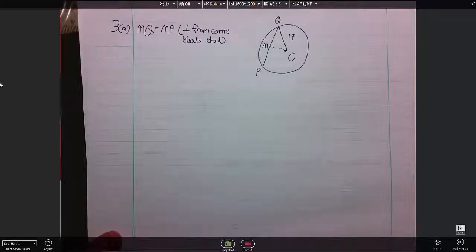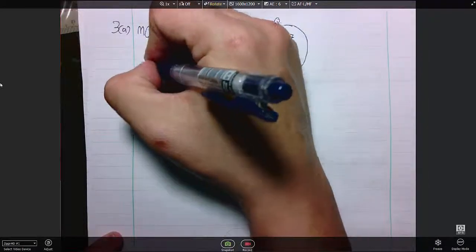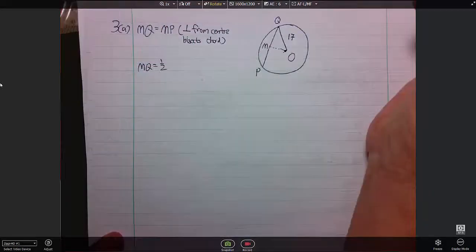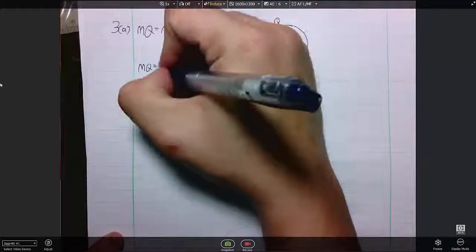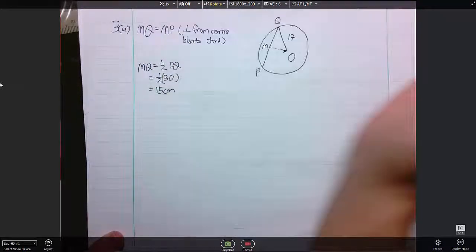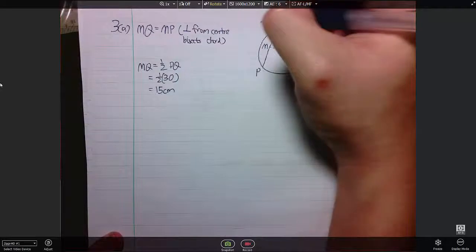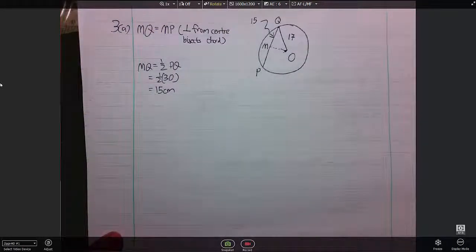Like this. So therefore, if we know that PQ is equal to 30 cm, I can say that MQ is equal to half of PQ. So half of 30 cm is equal to 15 cm. So I label down here MQ is equal to 15 cm.